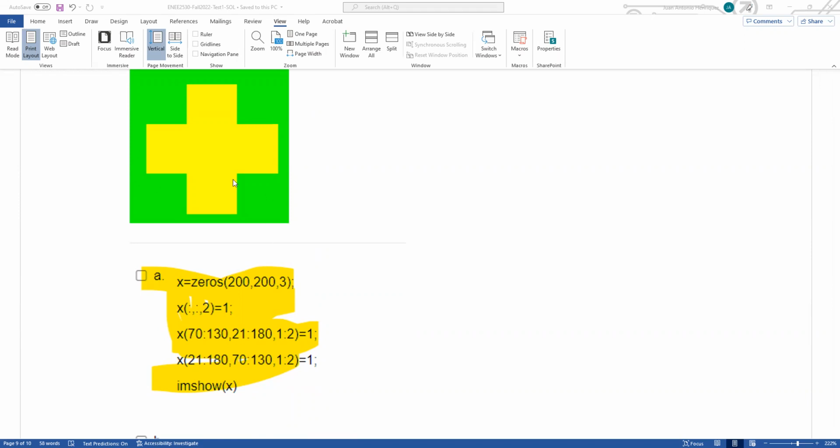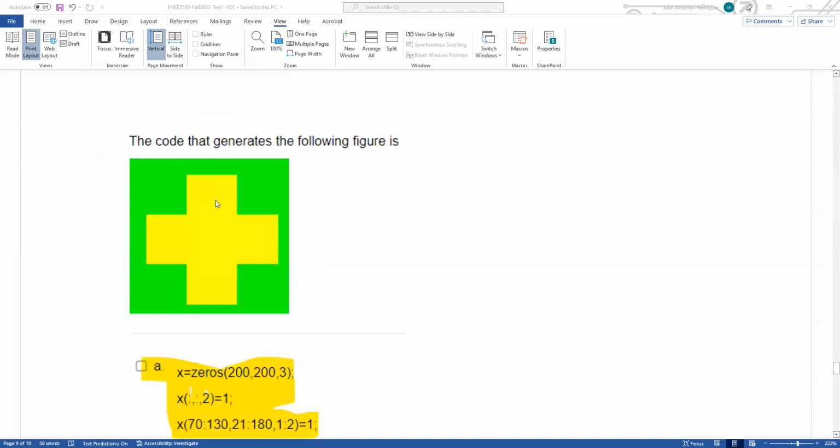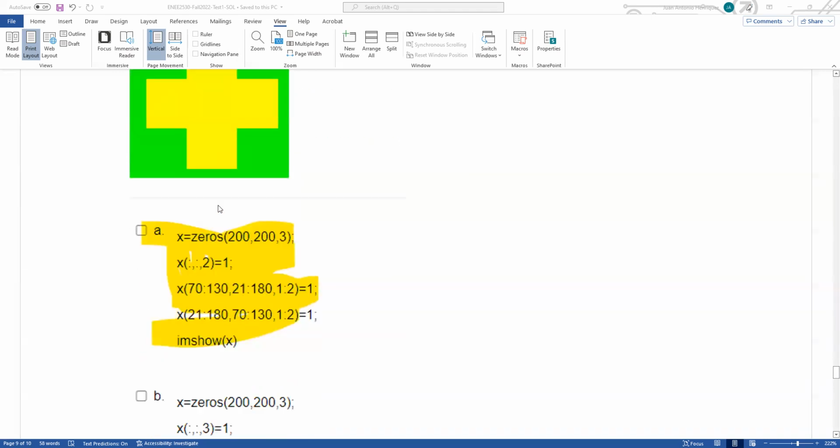So that gives you the green background, because you're keeping red and blue equal to 0. You're keeping 1 and 3 equal to 0, but you put in ones in matrix 2, which makes it completely green. And now we do what we did in the previous example. We combine red and green on those areas. We make it a 1, and that gives you this cross right here.